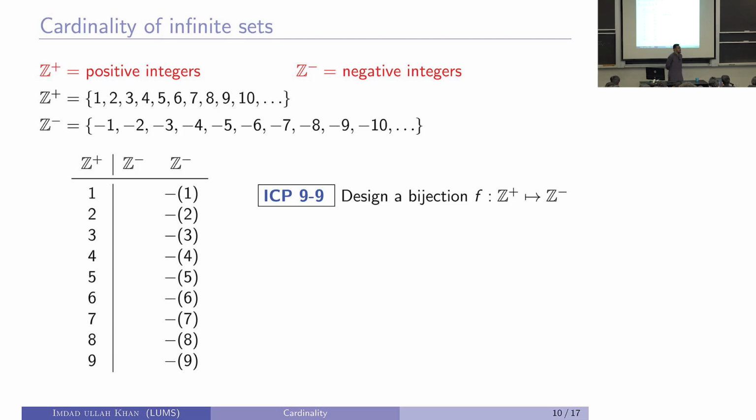No, because f of i is negative i and f of j is negative j. So this function is a bijection. Hence, by Cantor's characterization of equal cardinalities, these two are equal. So we conclude that the cardinality of Z plus is equal to the cardinality of Z minus.